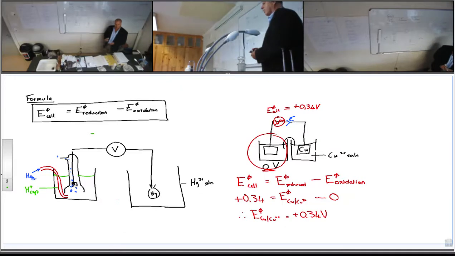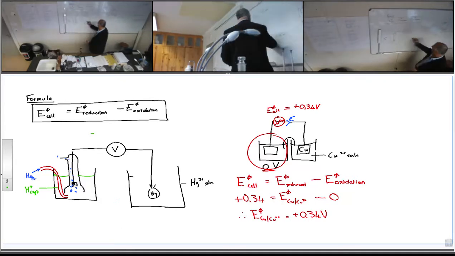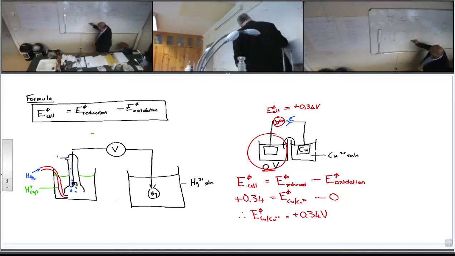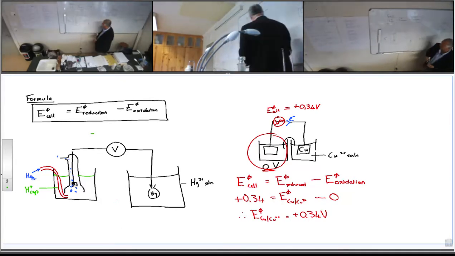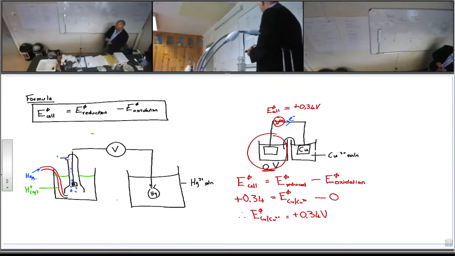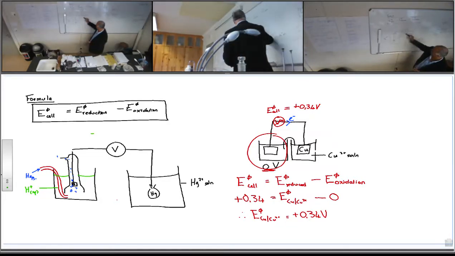Give me an example of an Hg2+ salt. HgSO4, yes. And that wire would be in the mercury there. And what is missing? The salt bridge.